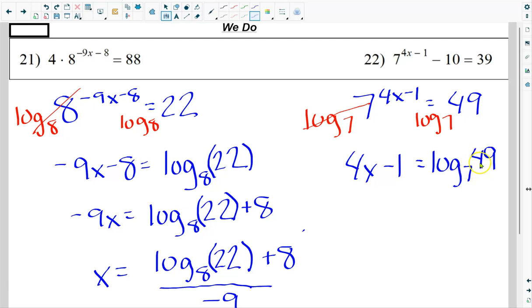In this case, 49 is divisible by 7 perfectly, so we do have a perfect product. Notice how this one's a little different, so you have to be on the lookout. So technically this is 2. You guys can turn this into an exponential and prove it to yourselves. Now I'm going to add 1, which gives me 3, and divide by 4.